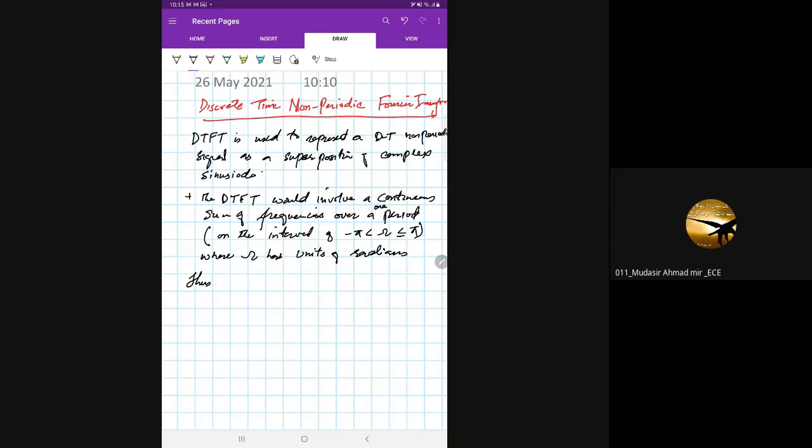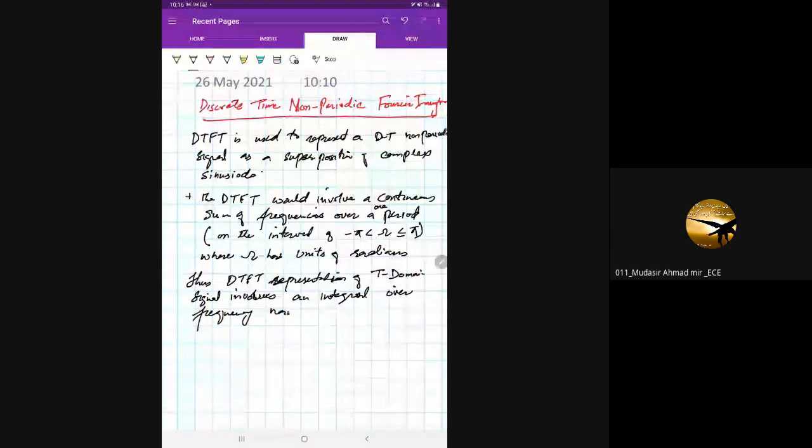So we can say then, thus discrete time Fourier transform representation of a time domain signal involves an integral over frequency as given below. ठीक है, जैसे नीचे मैं लिखूंगा इसको.